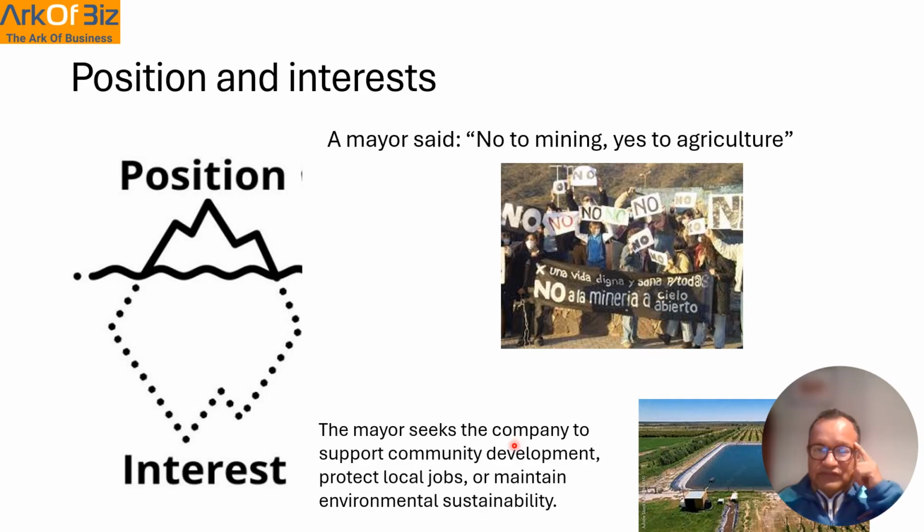By thinking of position and interest like the tip and base of the iceberg, we can better understand what stakeholders really care about, not just what they say publicly. So that's why it's crucial to focus on addressing the underlying interests rather than the visible positions. In other words, if you want to resolve a conflict, you need to understand and address the interest behind the positions.